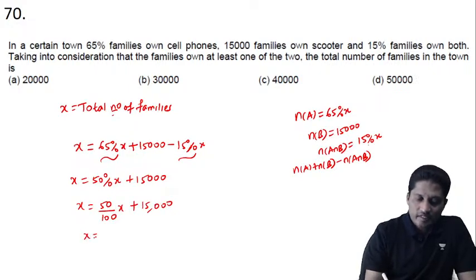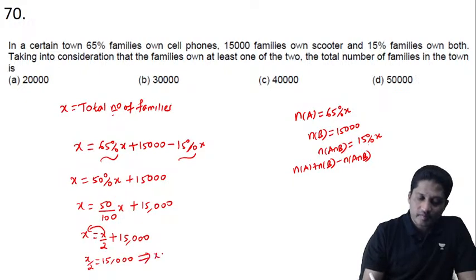Now X is equal to X by 2 plus 15,000. If you shift it here, X minus X by 2 is X by 2, which is equal to 15,000. If I cross multiply, X will be equal to 30,000.